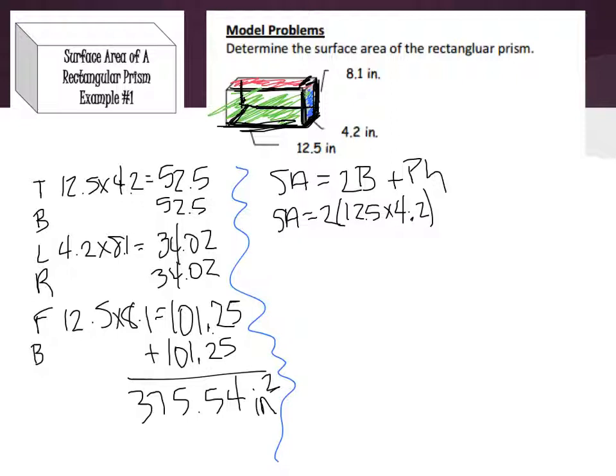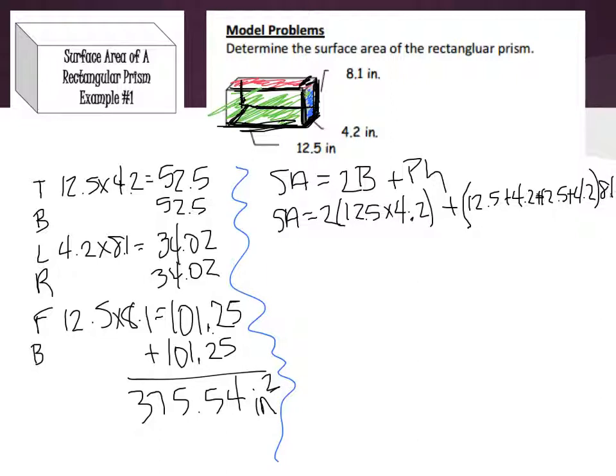We have 2 congruent bases, the top and the bottom are congruent. The perimeter of the base, we're going to add up all 4 sides. We would do 12.5 plus 4.2 plus 12.5 plus 4.2. So all 4 sides added together for our base, and our height would be times 8.1.